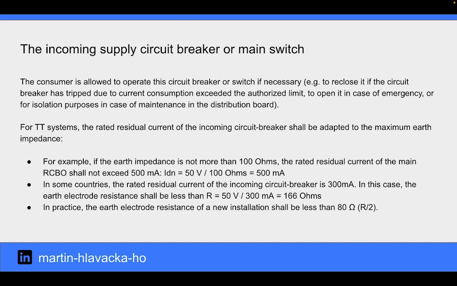In some countries, the rated residual current of the incoming circuit breaker is 300 milliamps. In this case, the earth electrode resistance shall be less than 166 ohms. In practice, the earth electrode resistance of a new installation shall be less than 80 ohms.